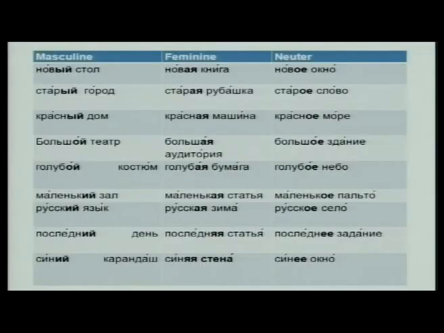If we pay attention to the list which we previously did, such examples in masculine are ый: новый, ой: большой, and ий: маленький. And likewise in feminine gender, for ая we have новая, for яя we have последняя, for neuter gender, for ое we have новое, for ее we have последнее, etc.